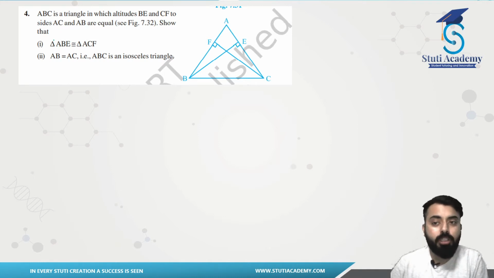Now you have to prove triangle ABE is congruent to triangle ACF. ABE and ACF both have to be congruent. Now this is quite easy. Just write given. How are you going to attempt this one?